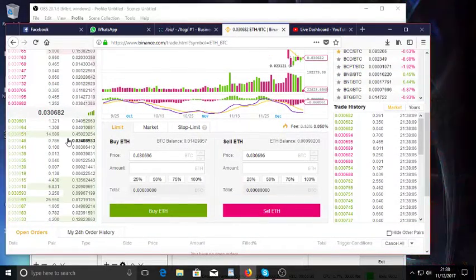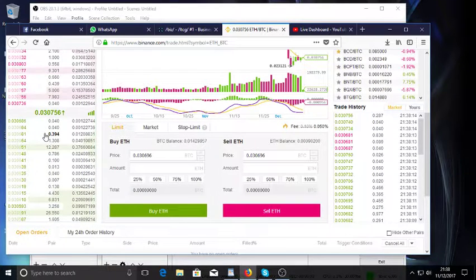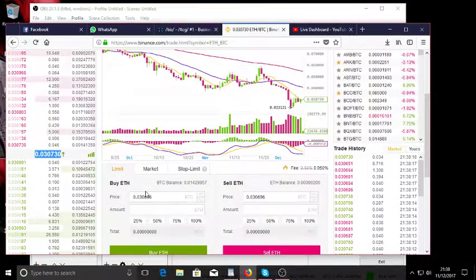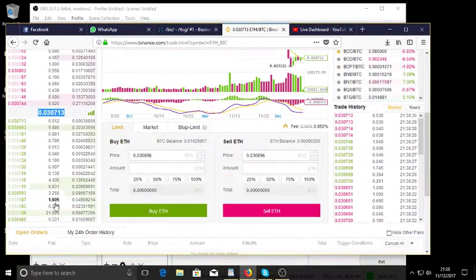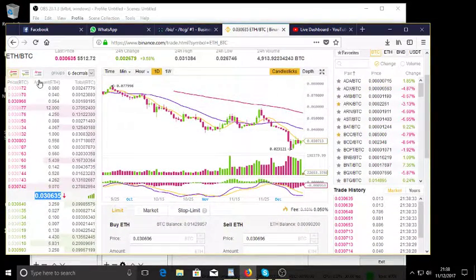And then the green are your buy orders, the prices that people are willing to buy at. And in the middle, you have your market price. The highest price that people are willing to buy at is called your price ceiling, and the lowest price is called your price floor.